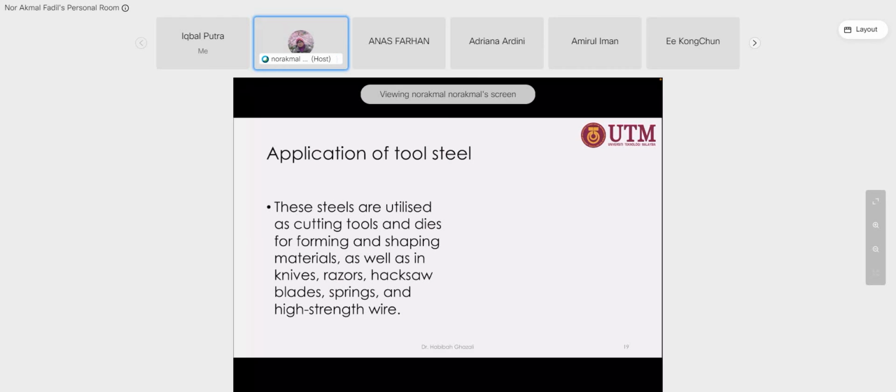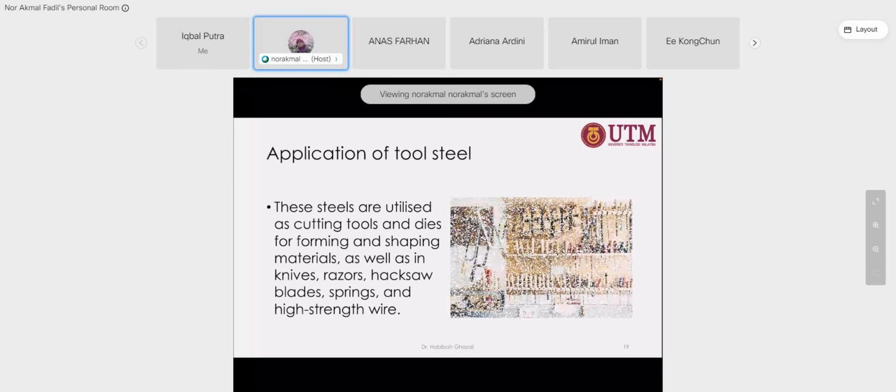As for the application, these steels are utilized as cutting tools and dies for forming and shaping material, as well as in a knife, a razor, and many cutting tools. In fact, high strength wire is used for, for example, springs. Sometimes they use stainless steel. Spring material is a quite heavy duty application, like for suspension. But high strength wire, why wire?